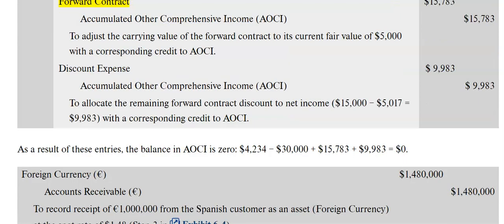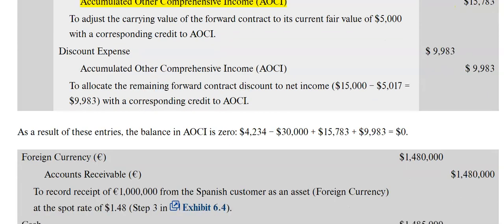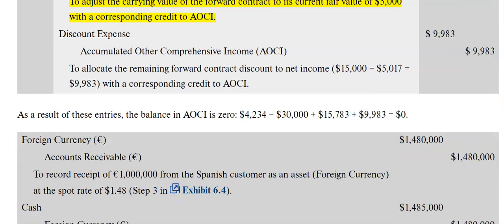Forward contract, $15,783. Accumulated other comprehensive income, AOCI, $15,783. To adjust the carrying value of the forward contract to its current fair value of $5,000 with a corresponding credit to AOCI.